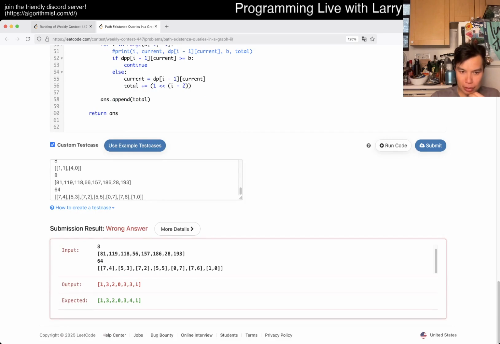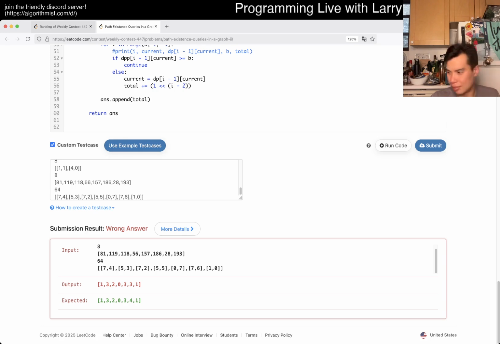So it's 6 to 7, which is 0, 1, 2, 3, 4, 5, 6, 7, so 28 to 193. So it's 28, 81, and then I don't know, 119.